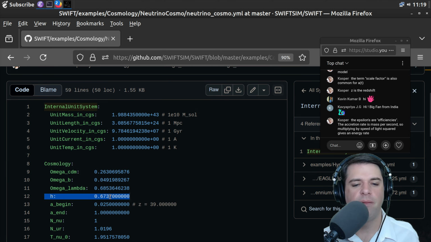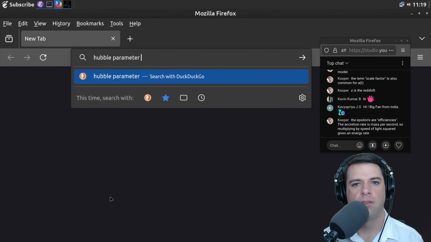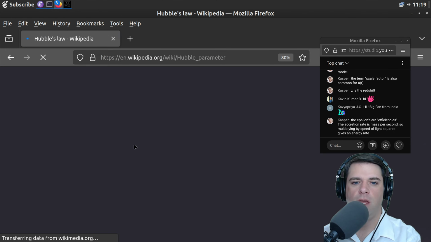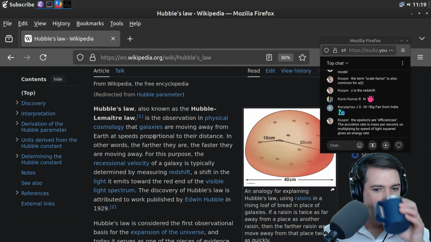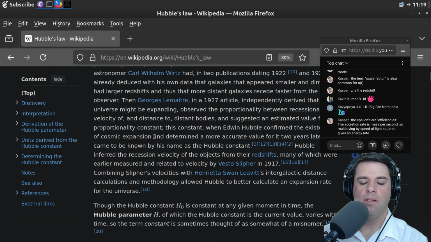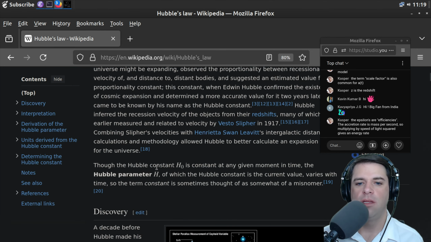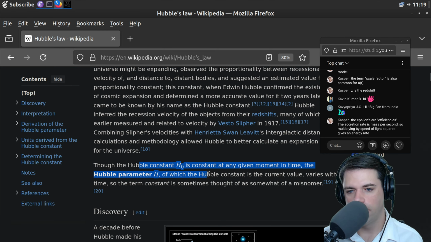H being the Hubble. What is it? The Hubble parameter. Edwin Hubble. The Hubble constant H0 is constant at any given moment in time. The Hubble parameter H, of which the Hubble constant is the current value, varies with time.